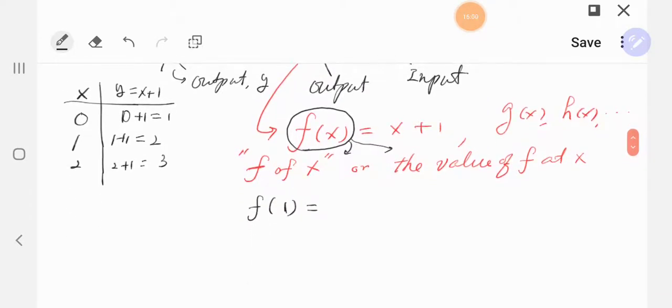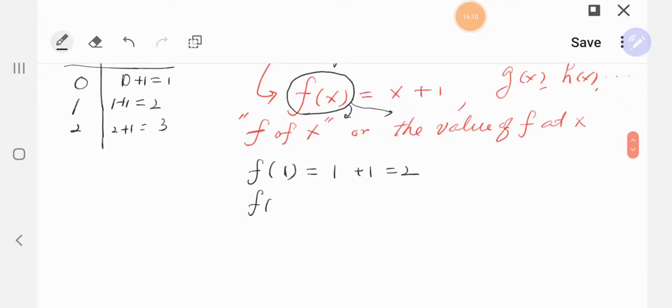So just replace x with the input value 1, which is 2. So f of 1 is equal to 2. What do you mean by f of 2? F of 2 means replace the variable x with the input 2. So 2 plus 1 is equal to 3, and so on.